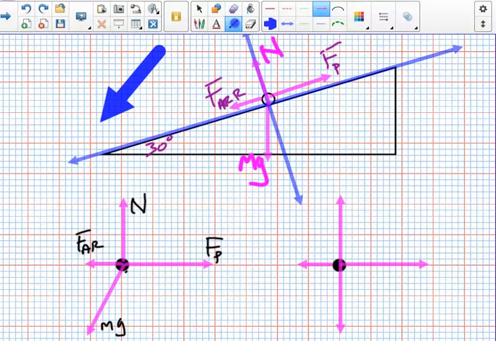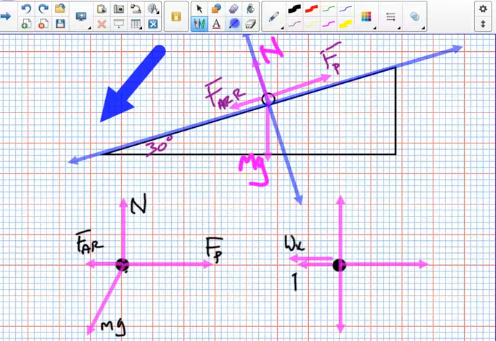So we're going to need another arrow here. So what we have here is weight in the x, force of air resistance, weight in the y, and then the propulsion force, and of course the normal force.